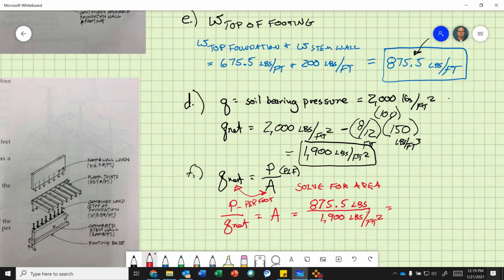So we get 875.5 divided by 1900, and I get 0.46 square feet. Okay, so we know it's on a per foot basis, so X, my width, times 1 foot length equals my area.